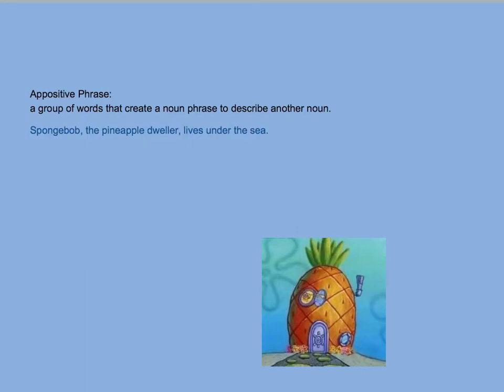So, let's look at our sentence here. SpongeBob is the subject. Lives is the verb. Dweller, we know, is a noun. It's a type of person. And it's specifically saying that the pineapple is the place in which this person dwells.